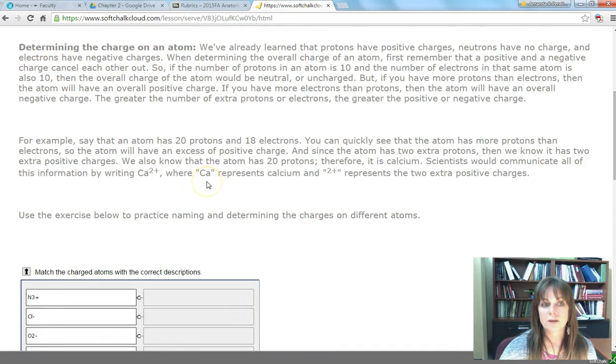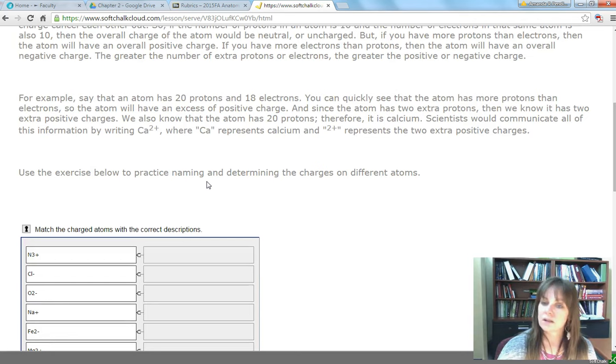One point about nomenclature. Nomenclature is how things are written in chemical abbreviations or terms. So this is a situation where you see the abbreviation for the atom.